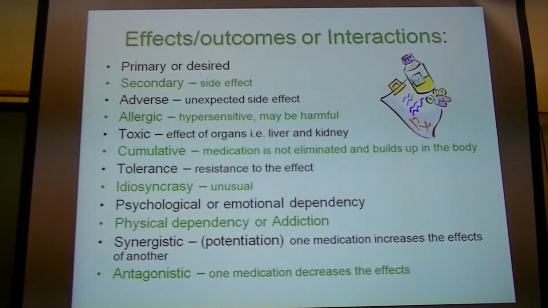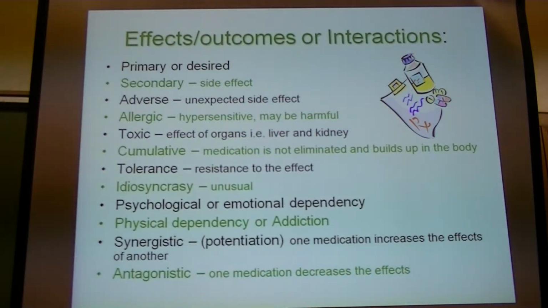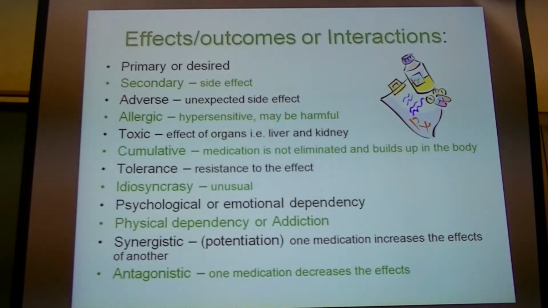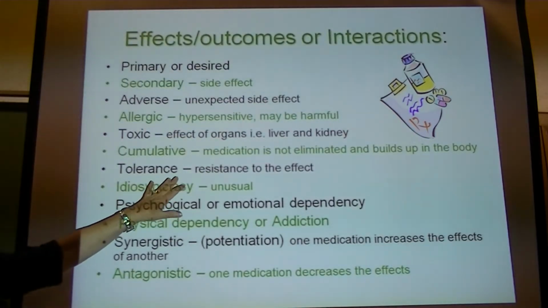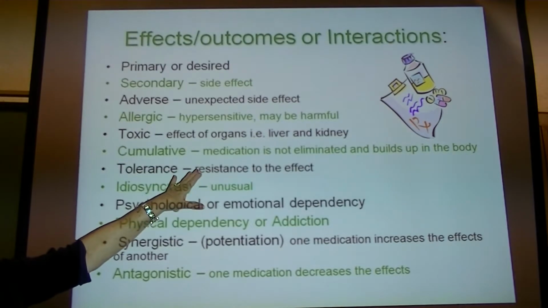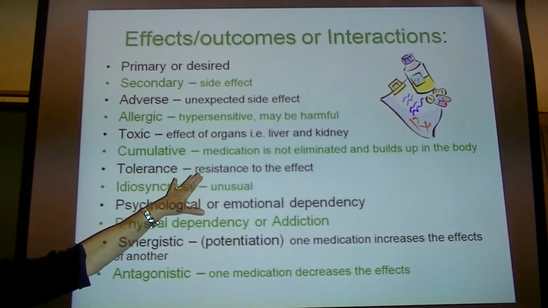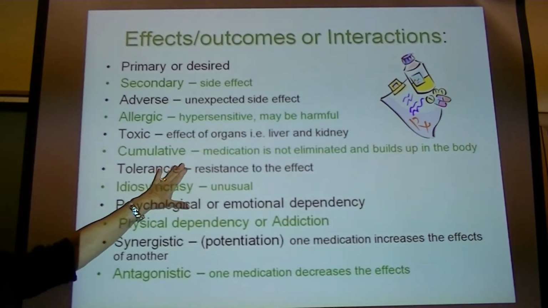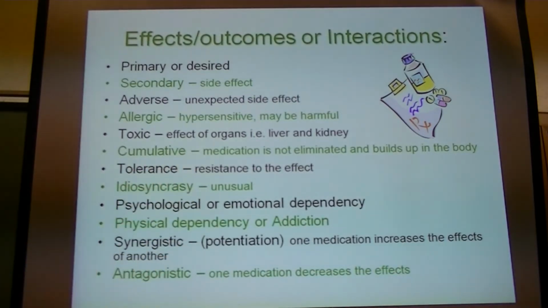So it may be affecting the kidneys, or your kidneys are not working well for some other reason. Diabetics can have problems with their kidneys, and all of a sudden this medicine along with their diabetes is creating a toxic effect to their kidneys. So if it's not eliminated, it's going to build up in their body, and they're going to have a stronger effect than what is necessary.